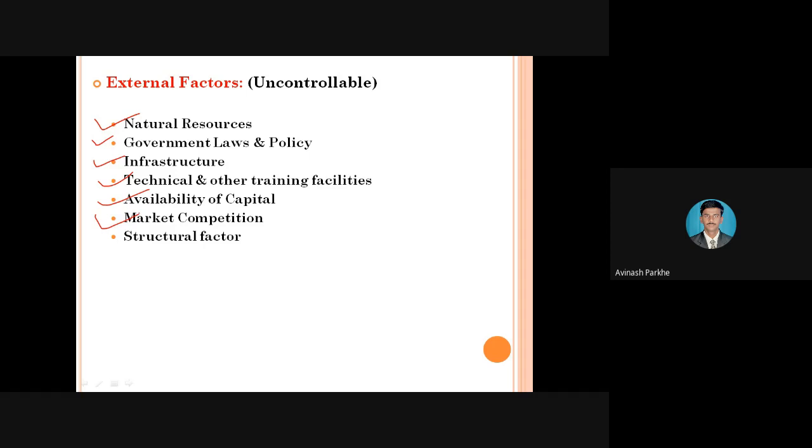Sometimes we manufacture the product, but it is not accepted by the customers, because other products are available at less cost due to the maximum market competition. So market competition is also one of the external factors.